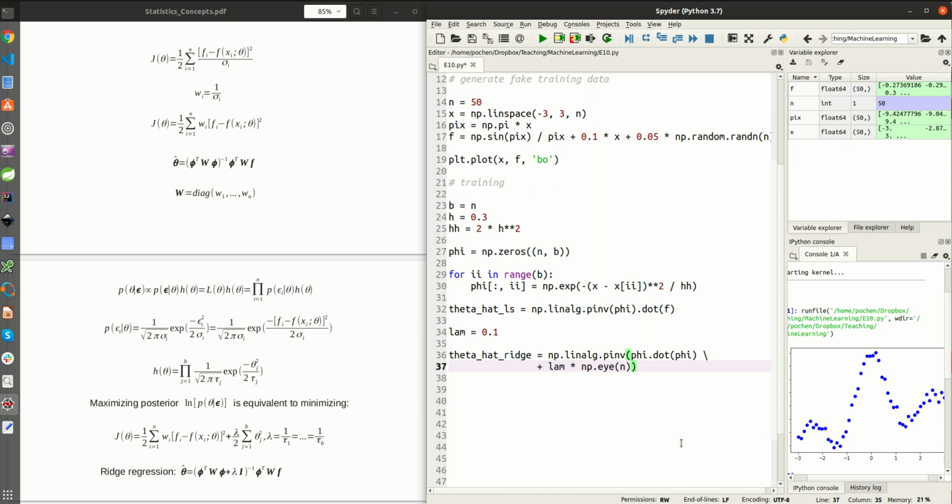But that's going to be a matrix multiplication, so we have to do this dot thing here, right? Dot with what? Dot with phi transpose times f. That's phi transpose is phi, right? So phi dot f, right? And that's going to be theta hat ridge, right?